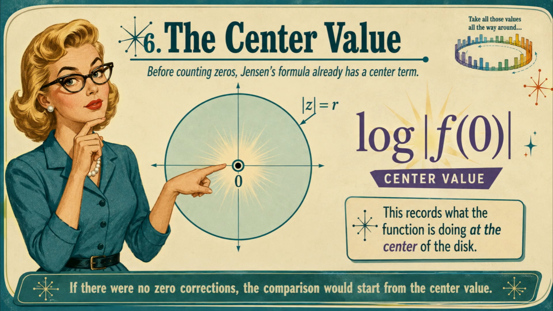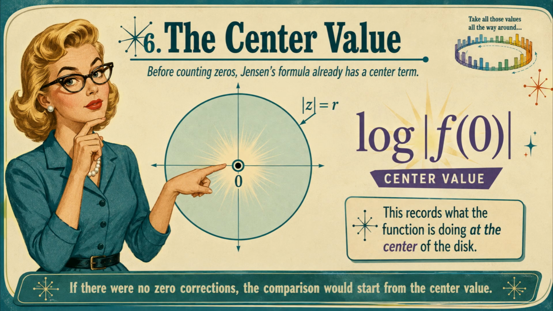But zeros change the story. Zeros add extra corrections. So Jensen's formula begins with the center value, then adds the zero contribution.